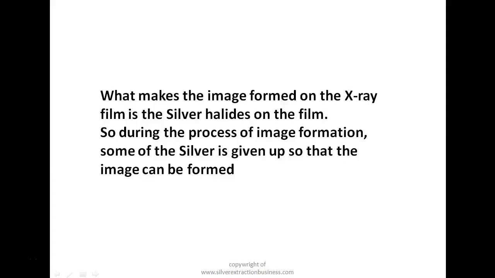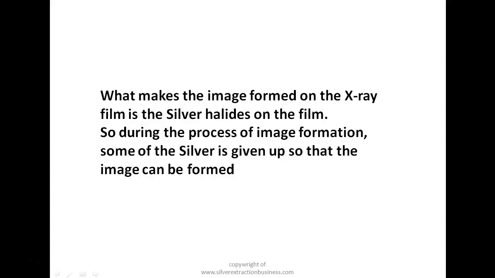Now, X-ray films are used by hospitals in the radioactive production of images. It is passed through a radioactive device or machine that actually helps the image to be fixed on the X-ray. What makes the image form on the X-ray film is the silver highlights on the film.